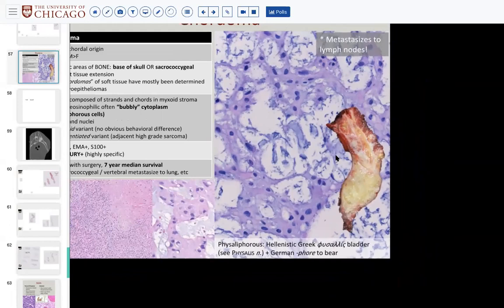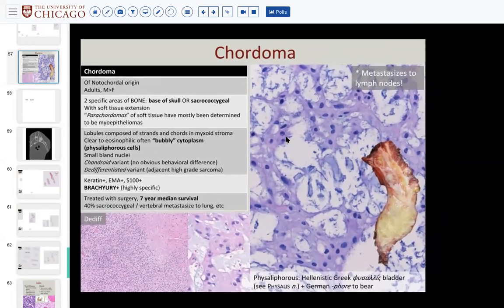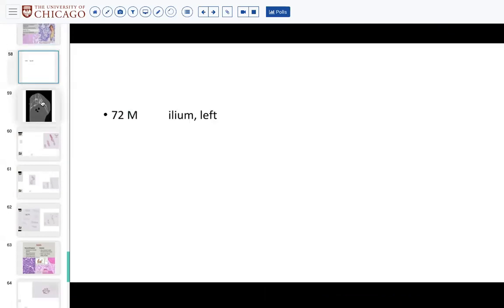So those are chordomas. We see them in the tip of the coccyx, and Peter also sees them in the base of skull. I'm sure you'll learn about them in neuro as well. Questions, comments?